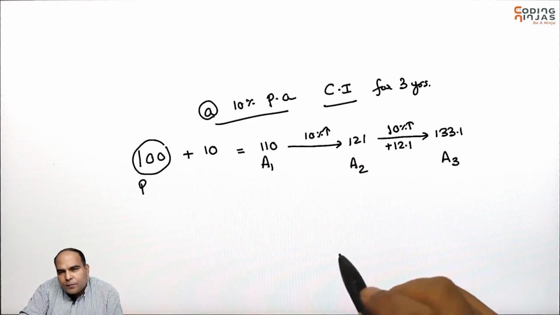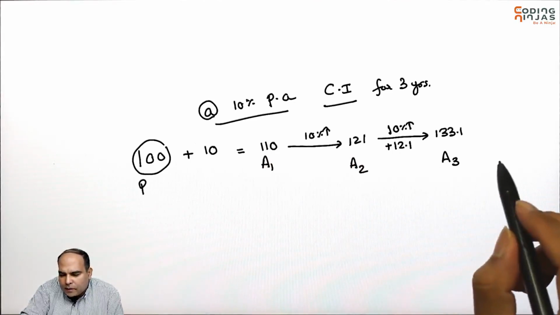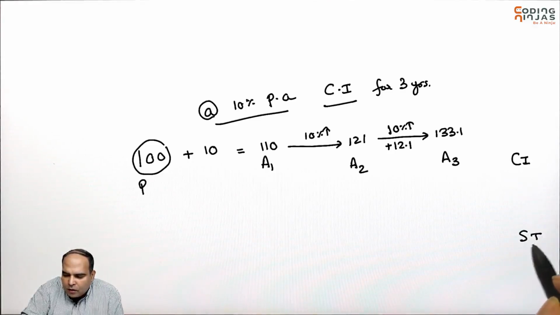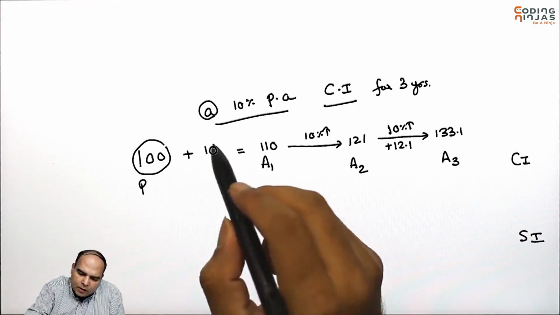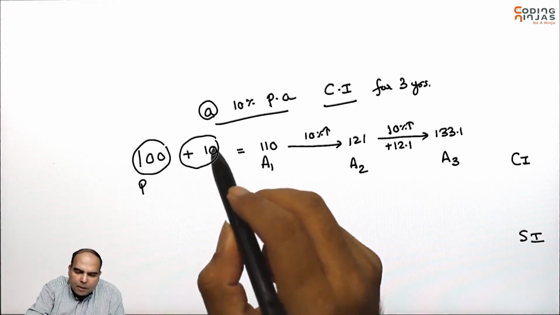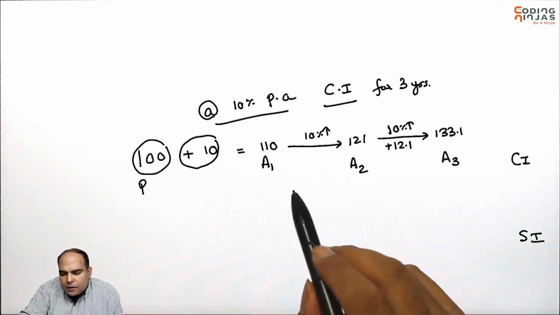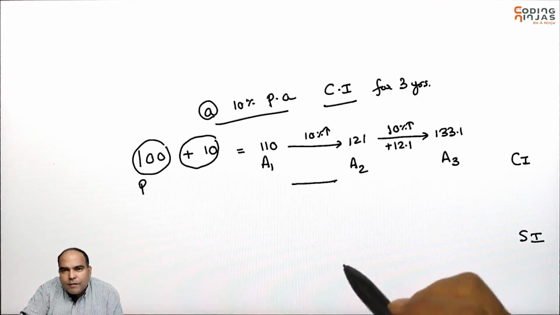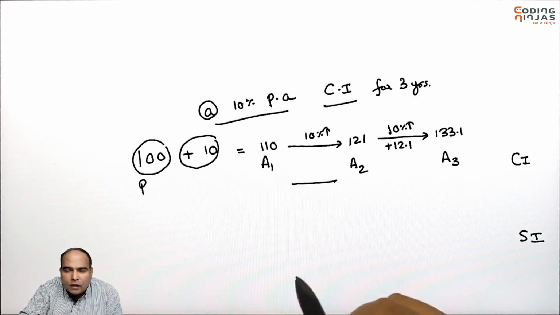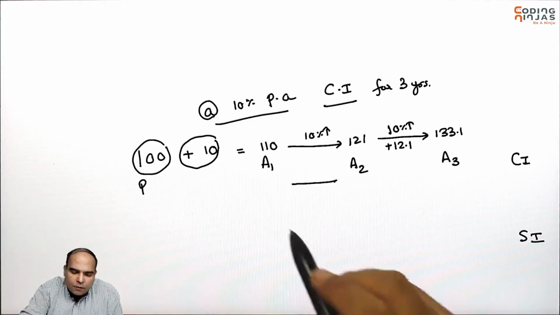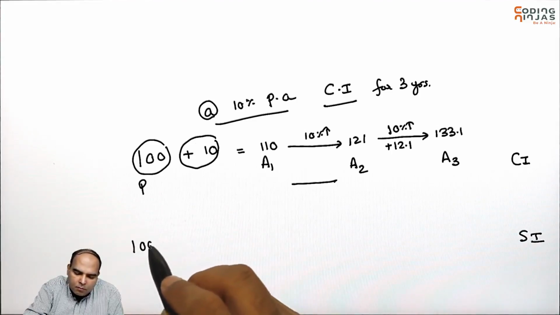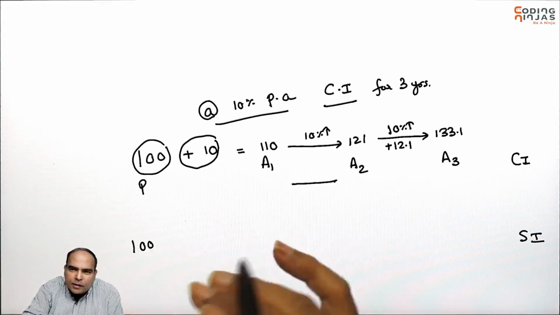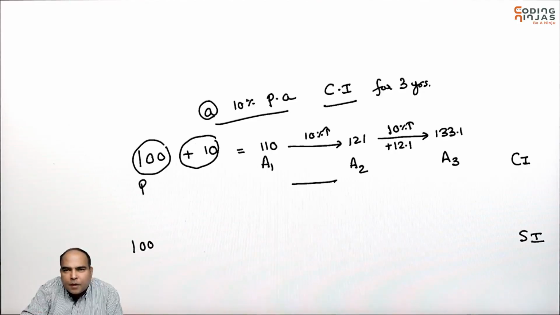So as you can see, the difference between compound interest and simple interest starts off from the second year, not in the first year, because in the first year the compound interest is also the same as the simple interest. The difference starts off from the second year, because in the second year you start receiving interest on the interest earned in the first year. In the first year, both in simple interest and compound interest, you are using the same 10% growth.